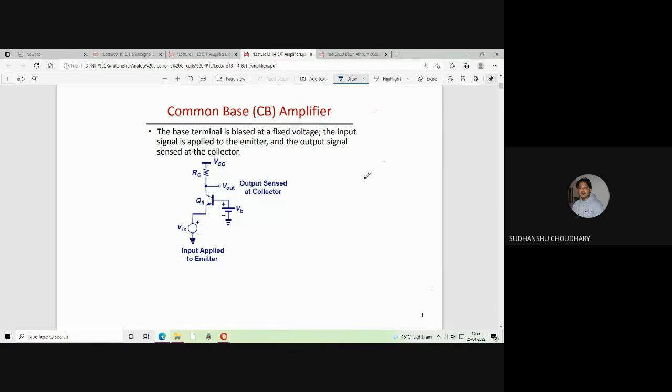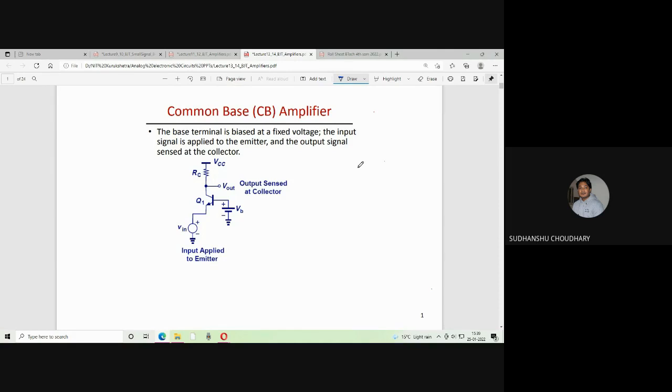So in the previous lecture, we had talked about the common emitter amplifier. We had calculated the voltage gain, input impedance, and output impedance of the common emitter amplifier. And then we also learned how to transform the complex common emitter configuration into any known simpler circuit, right?